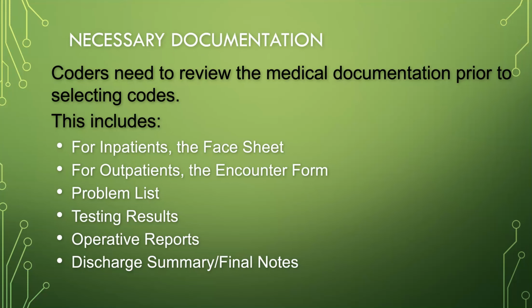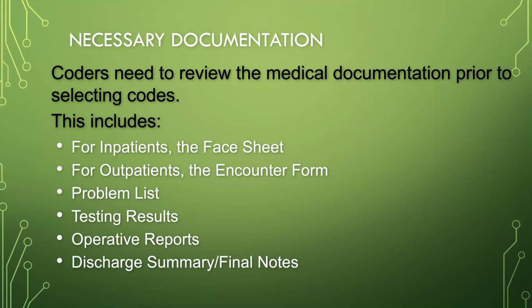As I mentioned, we have to have documentation. You may have heard, if it's not documented, it didn't happen. And that's absolutely true. So for us, when we're coding, we need to have pieces of information that are pertinent to the care of the patient. When we're coding for inpatients, the first piece of information is called the face sheet. Now, in electronic records, it may be called demographic information.